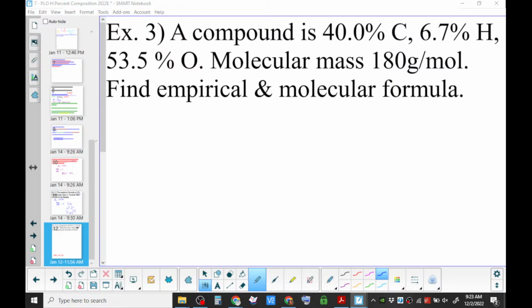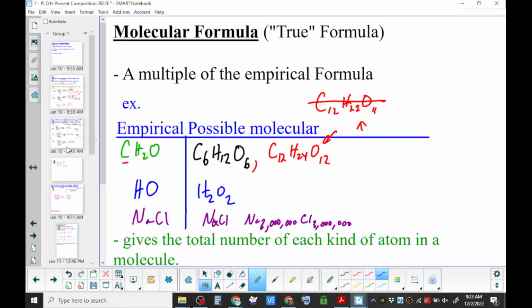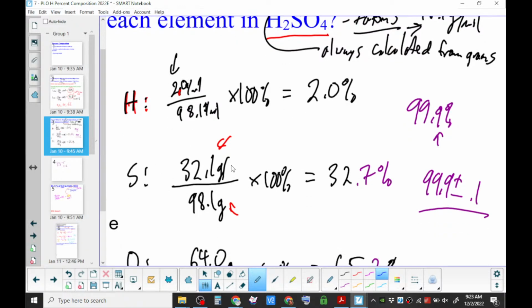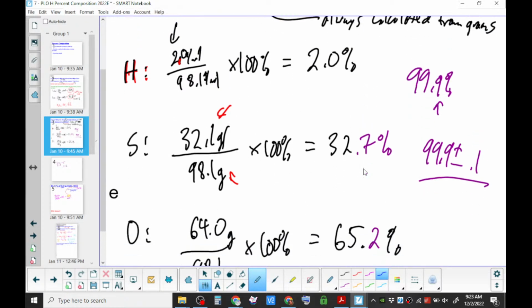So, where did we have it? There we go. So the molar mass of H2SO4 is 98.1. And so the amount from H2 is 2. The amount from S is 32.1. 4 oxygens is 16 times 4 is 64. And then we would get a percent for all of those.